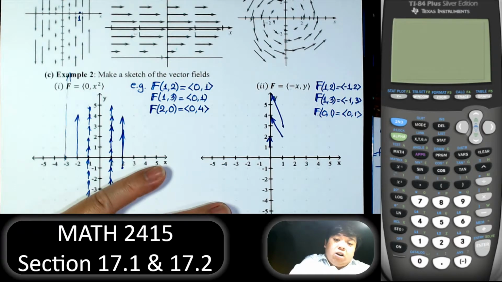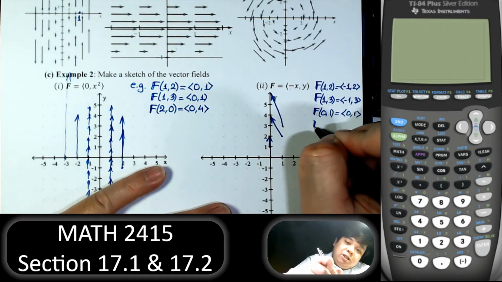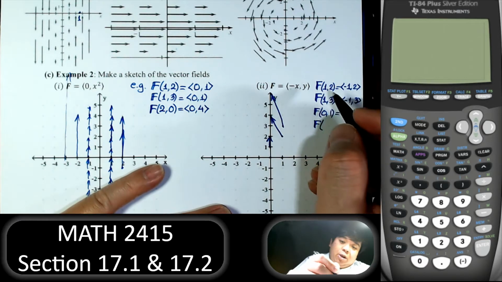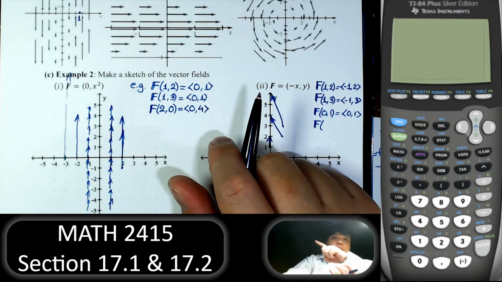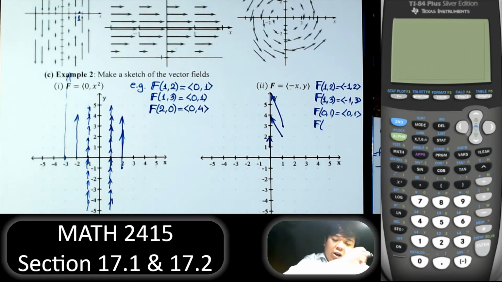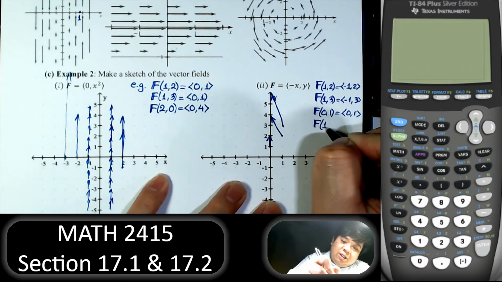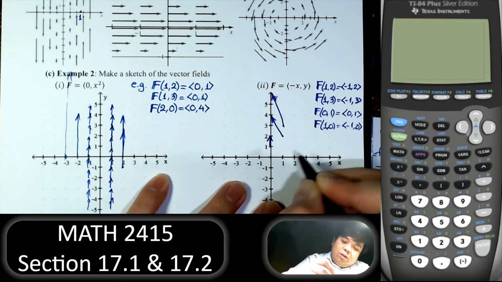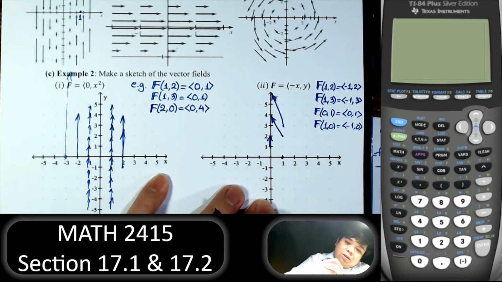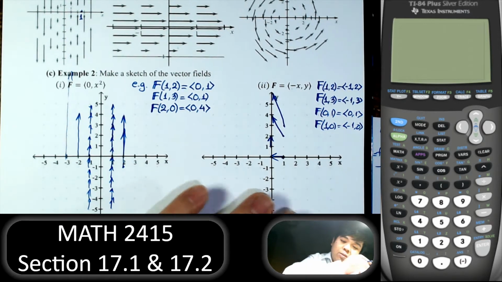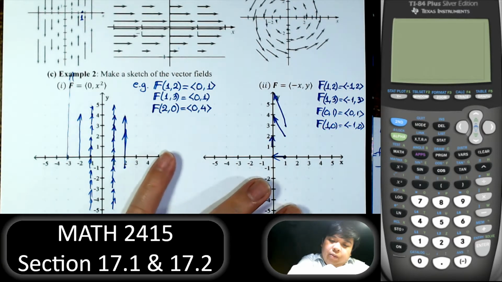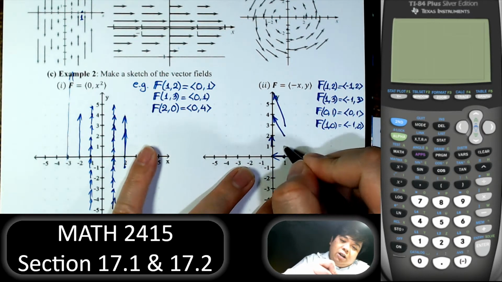And we just have to plot a bunch of points. This will be better if we have computer software. The calculator will not graph the vector field. (1, 0) gives (negative 1, 0). (1, 1) gives (negative 1, 1).